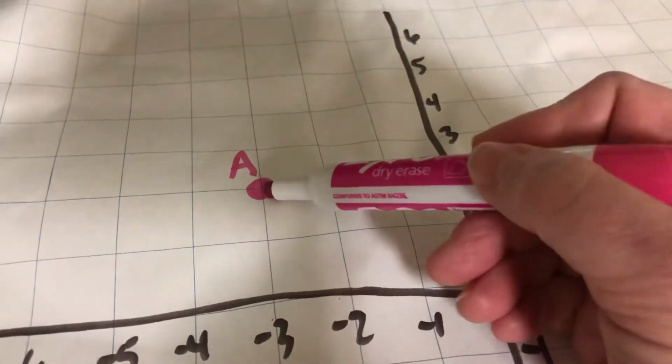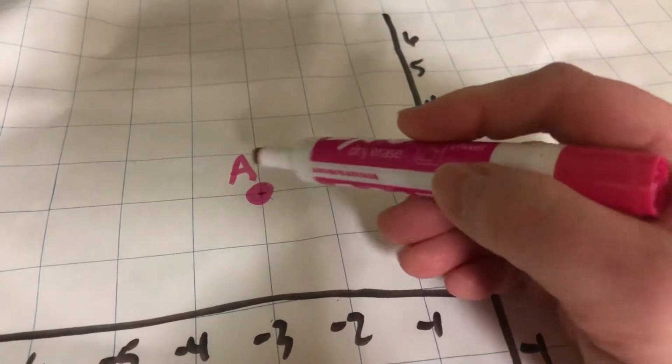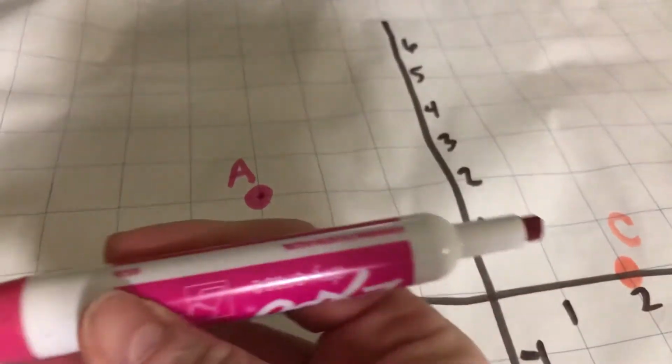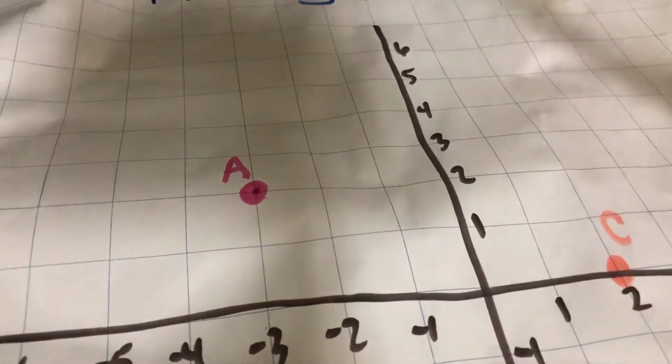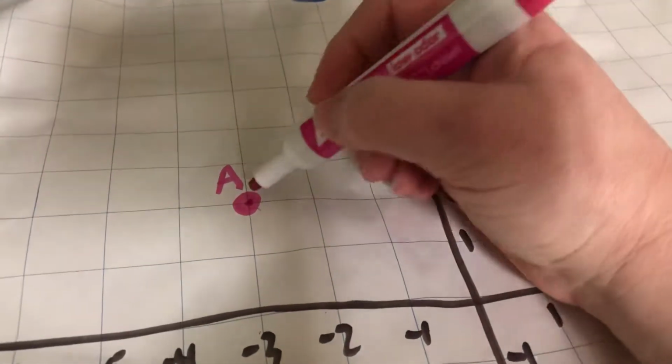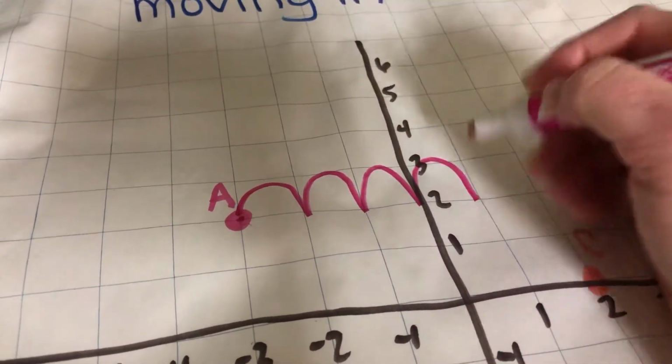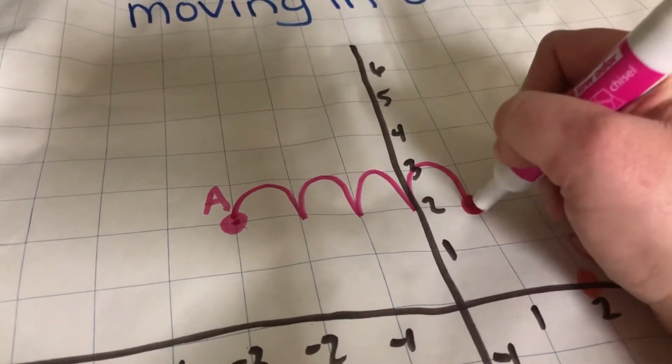So I'm going to put my pencil on my point and I'm going to move to the right, this direction. I'm going to move to the right 4 swoopies. 1, 2, 3, 4. And I'm going to put a new dot.